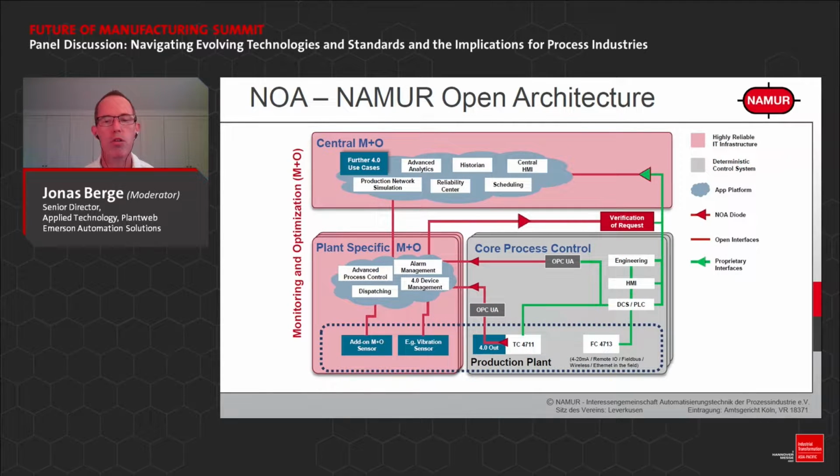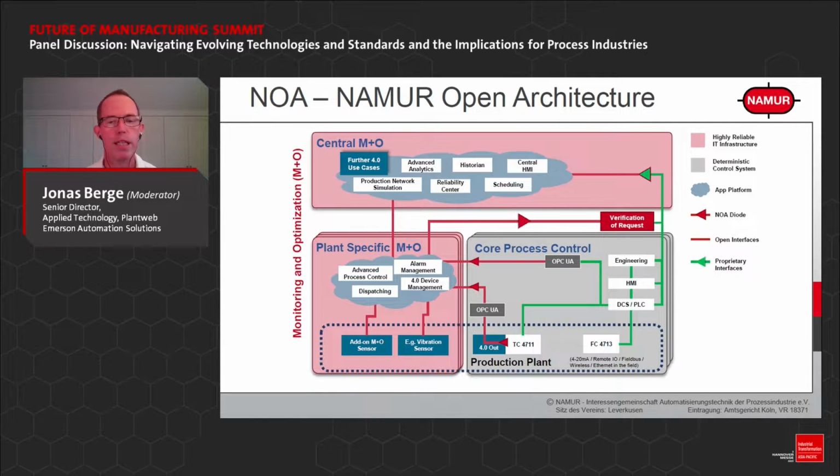And you can see the detail here. The gray part is the core process control security zone. That's where your sensors and actuators and DCS sit. The 2 pink parts are for monitoring and optimization. That's what we're adding with the Namur Open Architecture. So these are separate security zones, to make the whole solution more secure.